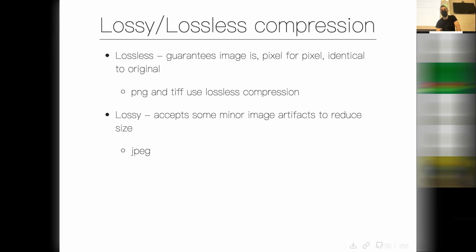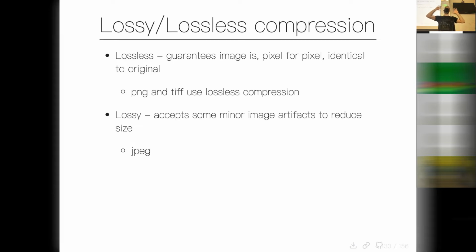For bitmap, or raster, you have alternative versions of how you can store it, okay? One is called lossy compression and one is called lossless compression, okay? So lossless guarantees that that image, pixel for pixel, is going to be identical to the original.